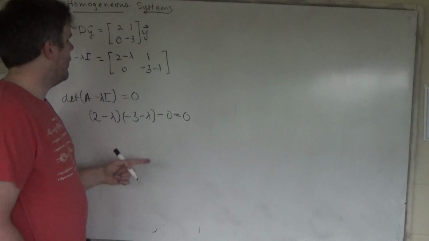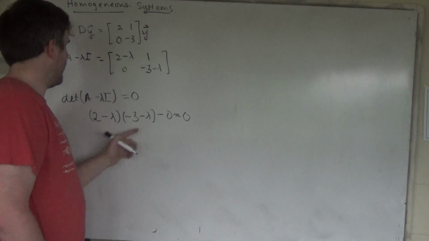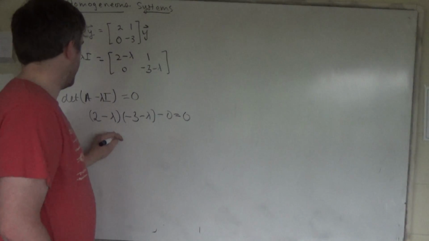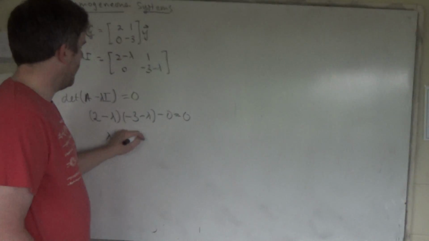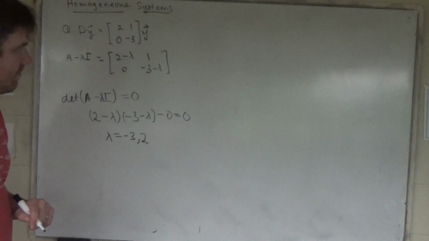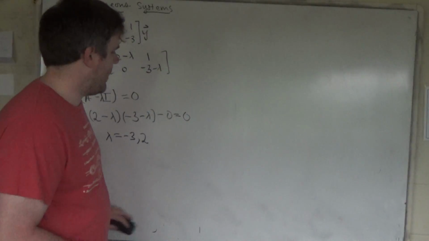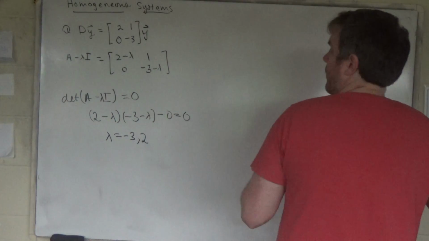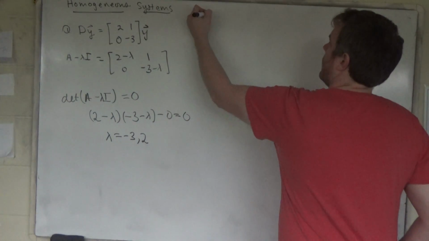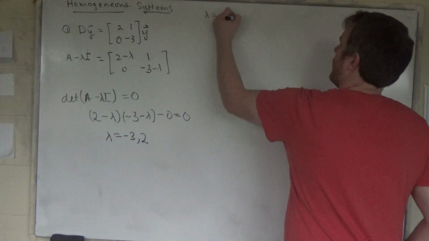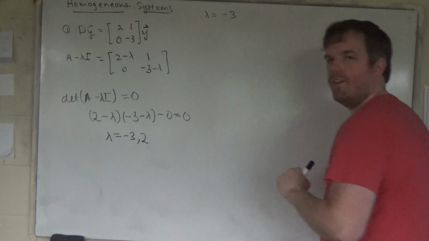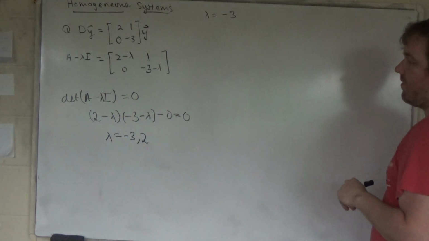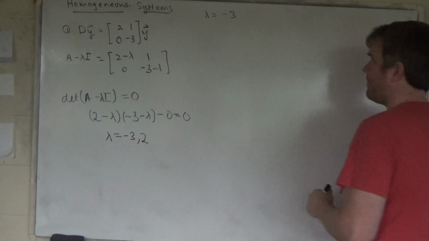Once again, this is already in factored form, so we just write lambda equals negative 3 or 2. Now that we have our eigenvalues, it's time to find our eigenvectors. Let's go in increasing order. Notice, by the way, they're different real numbers, and that's actually the best possible scenario.